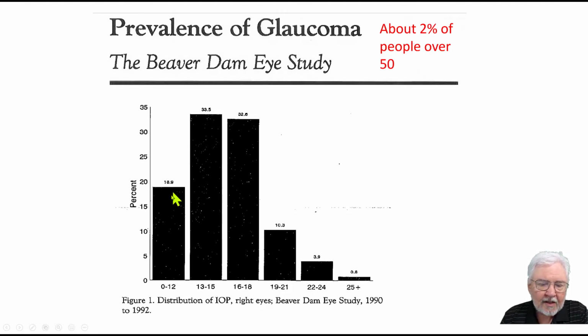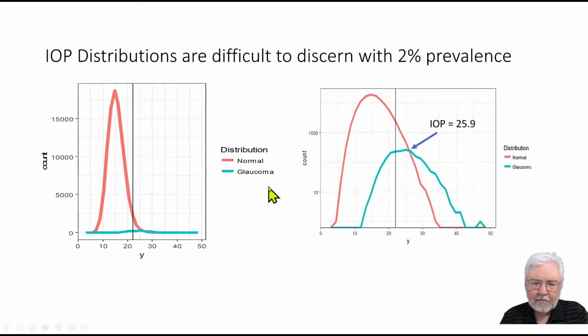Over here, this one bar has 18%. So it's kind of a little bit of an unfair graph in looking at what the distribution is. I believe it's probably more symmetrical than it appears.